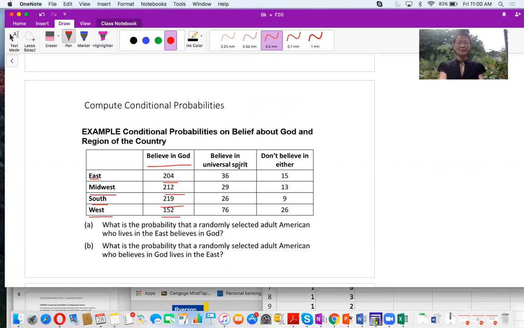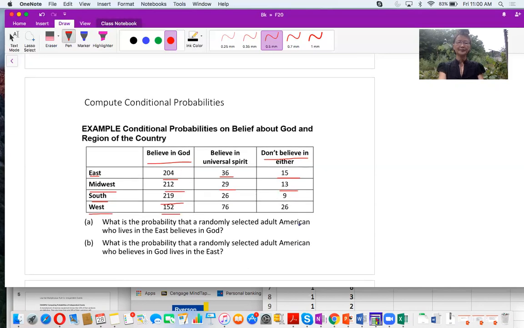How many people in the East region said they believe in a universal spirit? 36. 29 in the Midwest believe in a universal spirit, etc. And the third statement: don't believe in either, don't believe in God, don't believe in a universal spirit. 15 people in the East, 13 people in the Midwest, etc. So this is the original data summarized in a table format.